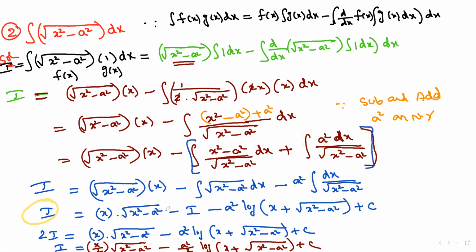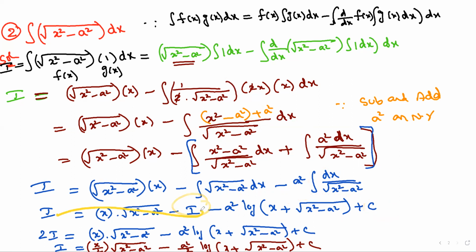So I is equal to x times root x square minus a square. This root under x square minus a square is nothing but I, minus a square into, we have a formula. What is the formula? Log of variable plus denominator: log of x plus root x square minus a square plus c.